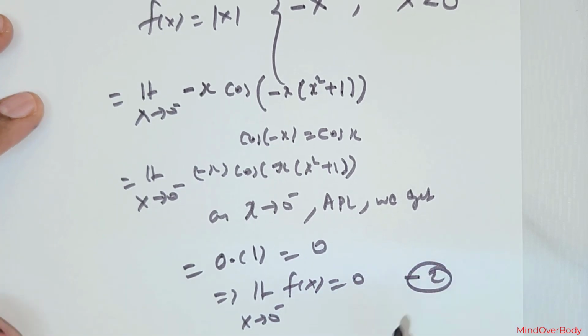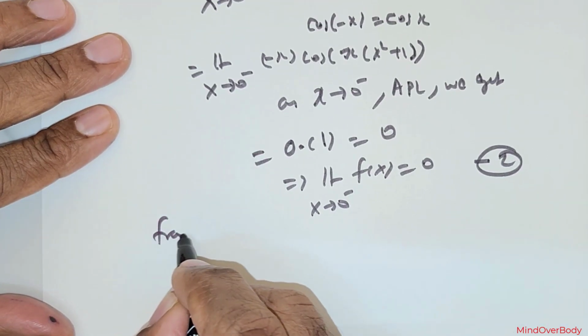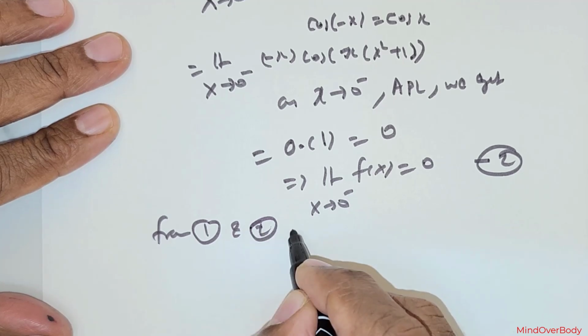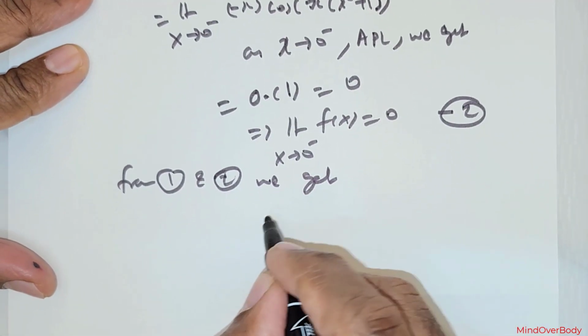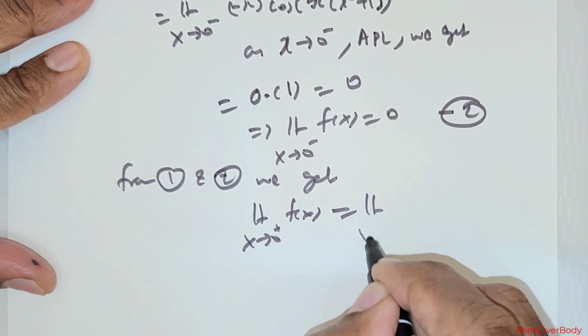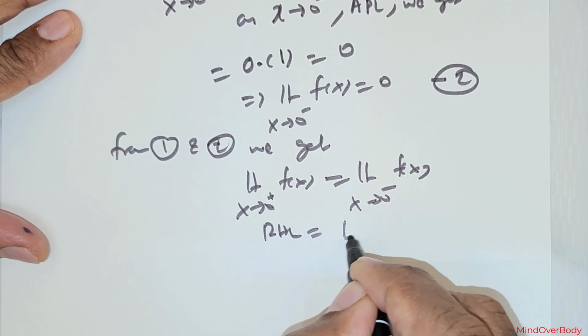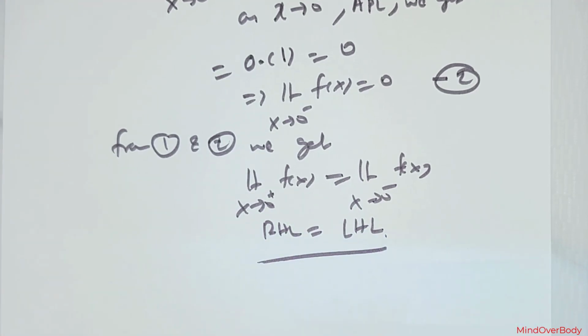So if I were to take this as 2, and if I were to take this as 1, from 1 and 2, we get limit x tending to 0 plus of f of x is equal to limit x tending to 0 minus of f of x. The right hand limit is equal to left hand limit.